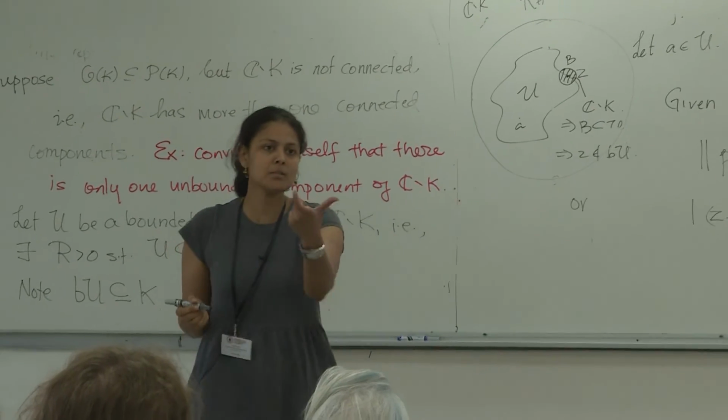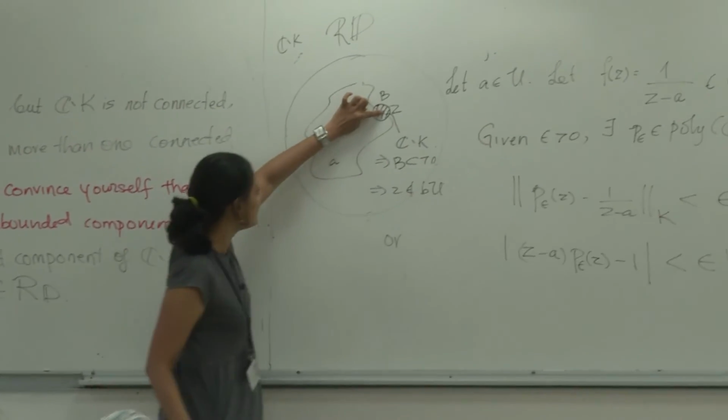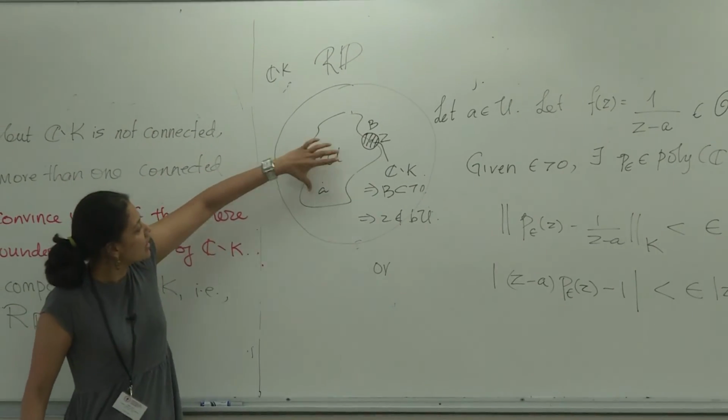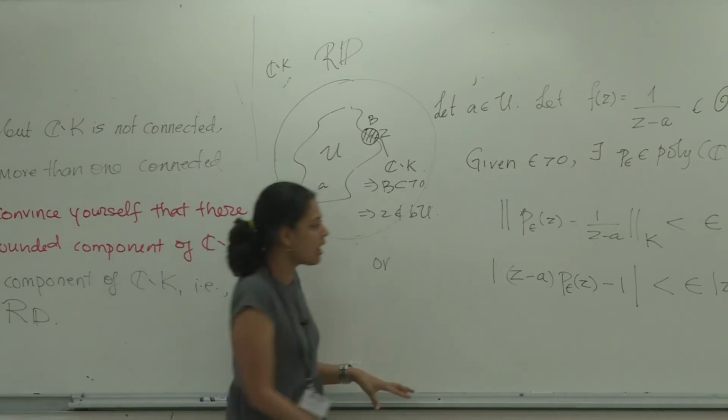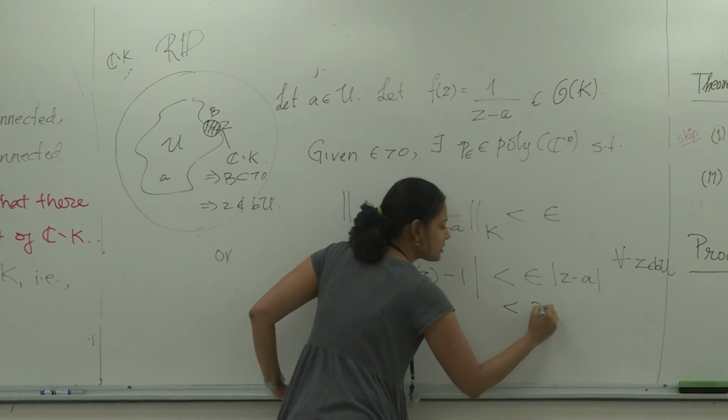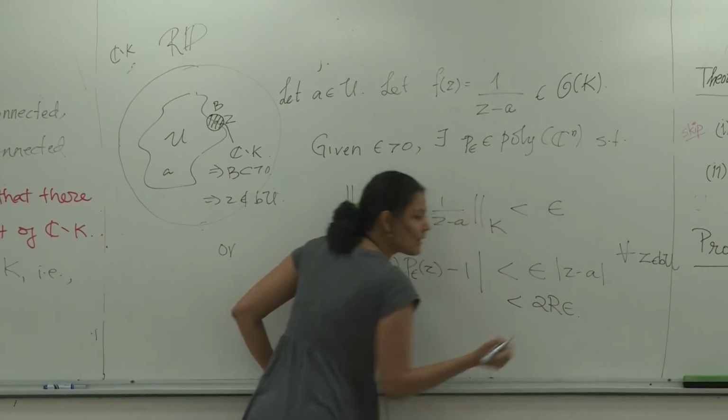So Z is on the boundary, A is somewhere here. So the distance between Z and A can be at most 2r. So this is at most 2r epsilon.